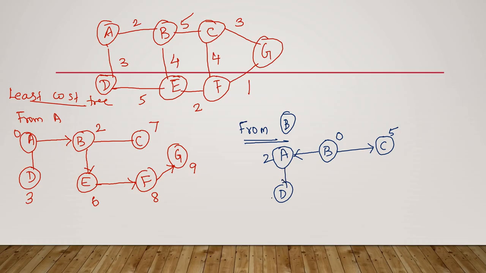So this path is the least one, 5. And B to E the cost is 4, and F, through E we can reach it, so that is the minimum, 6, and again G, this is the path, the reaching cost is 7.